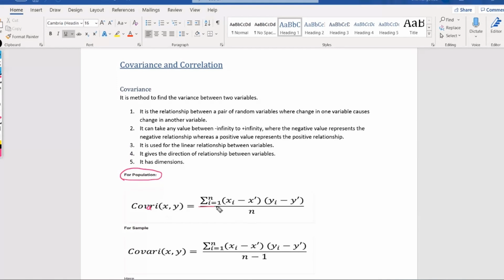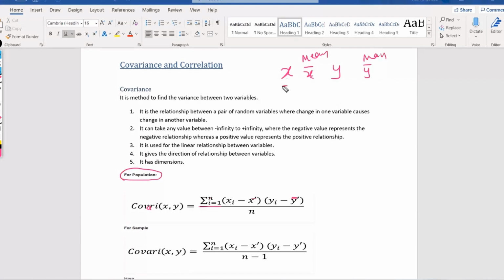So I'm going to write the summation from i equal to 1 to n, where n is the maximum number of observations, and (xi minus x bar)(yi minus y bar), or you can say a mean. So suppose I have an x variable and a y variable. So I will also have an x bar and a y bar. X bar is basically the mean of x, y bar is again the mean of y.